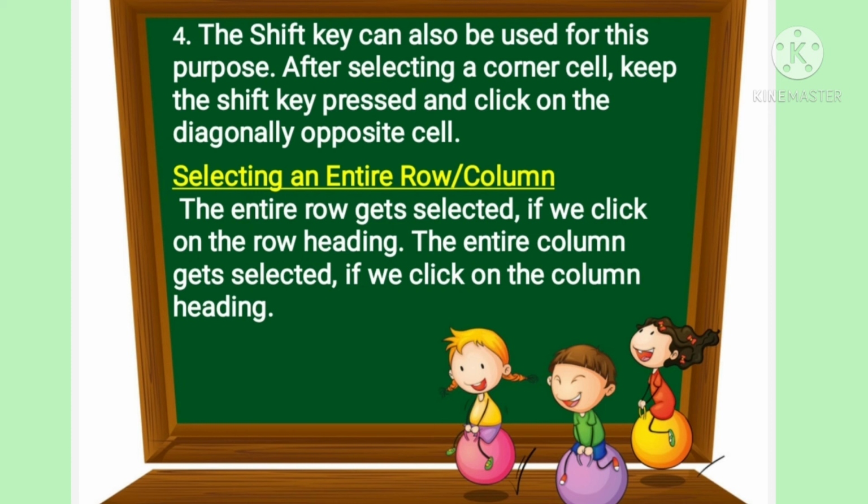Now let's see how we can select an entire row or a column. To select an entire row, we just click on the row heading. If we want to select an entire column, then we have to click on the column heading, and the entire column gets selected.